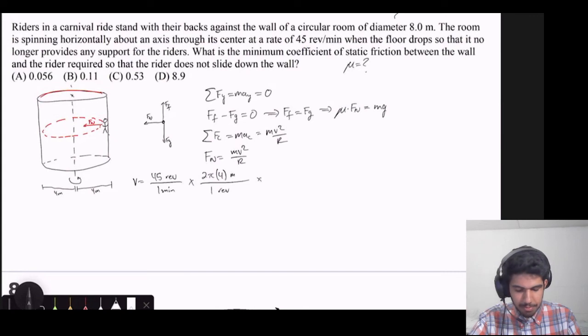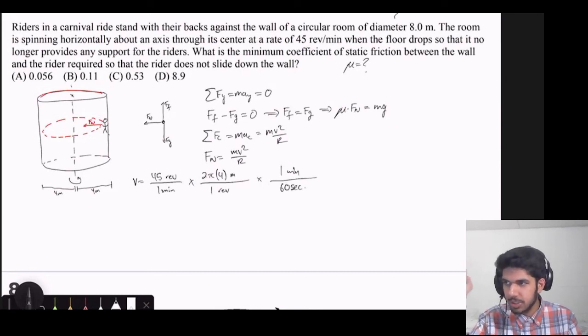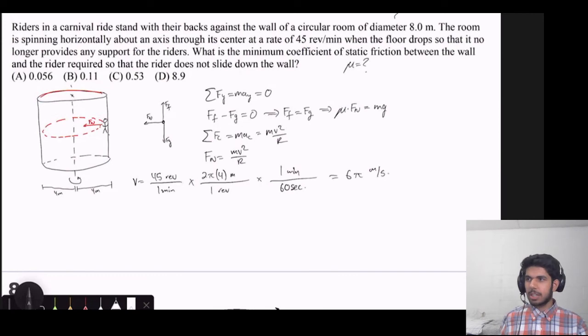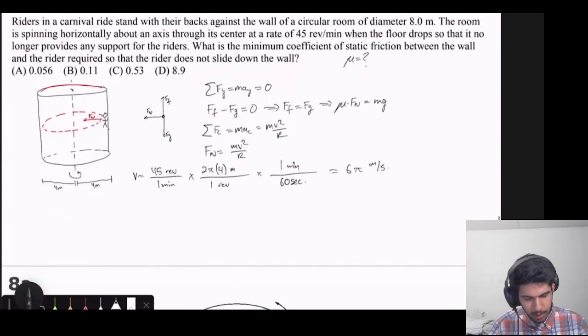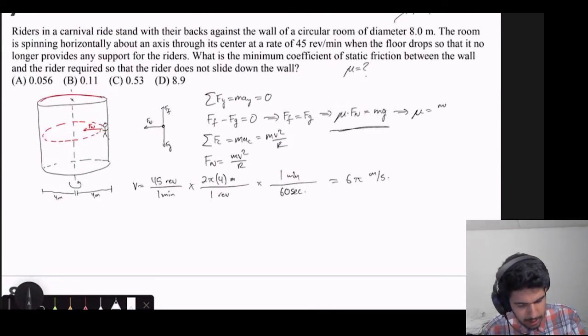So now we have it in meters per minute. So now we have to take care, in 1 minute, there's 60 seconds. And if we do this multiplication out, we get this is equal to 6 pi meters per second. So now our velocity is in good shape. Okay, let's just take a look at this equation up here, and let's just solve it for mu, because that's what we're curious about.